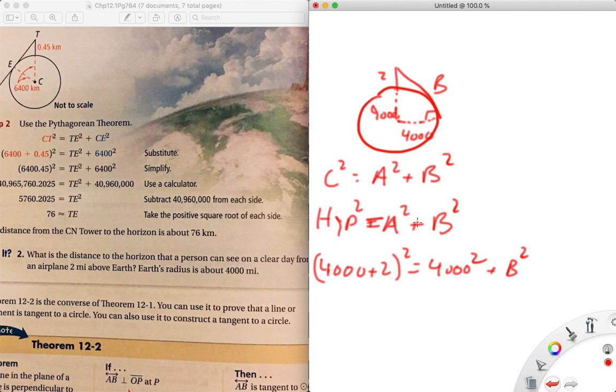So 4,002 squared is a huge number. I'm not going to write it out there. Minus 4,000 squared gives me, I'm not going to write the huge number out, so it's going to give me 16,004 equals b squared, so we're going to square root that.